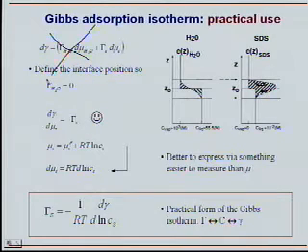And then we arrive at this formula here, where I have put up the smiley face, which is very simple. It tells you that the adsorption of the surfactant on the interface is equal to the derivative of the interfacial tension with respect to the chemical potential. It looks beautifully simple.